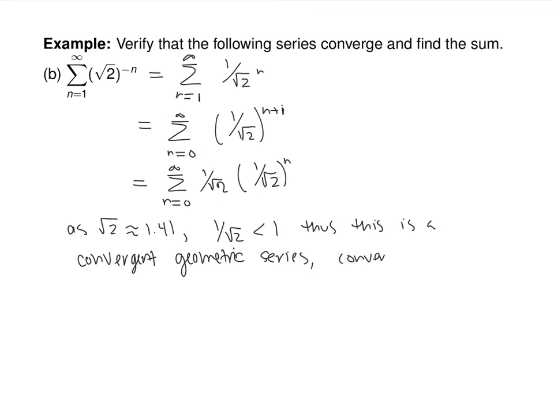It converges to a over 1 minus r, so that's 1 over root 2 over 1 minus 1 over root 2, which if we multiply by root 2 over root 2, we get 1 over root 2 minus 1.